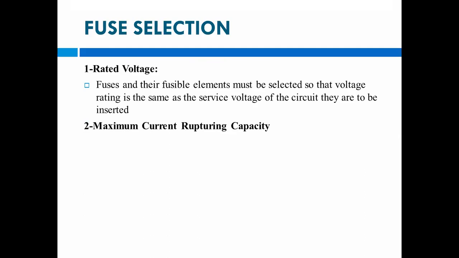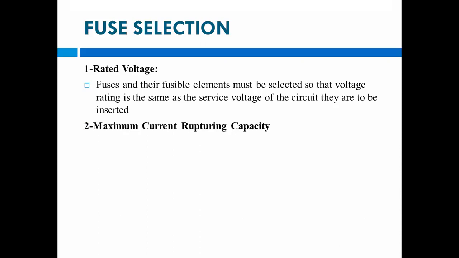Then fuse selection. So this fuse is selected by its rated voltage and maximum current rupturing capacity. Actually, what happens is when the maximum current is there, at that time the voltage becomes lower than the rated voltage.